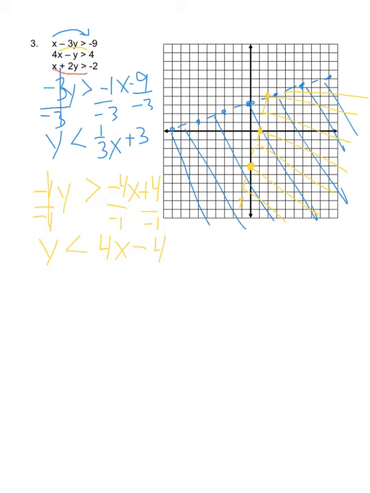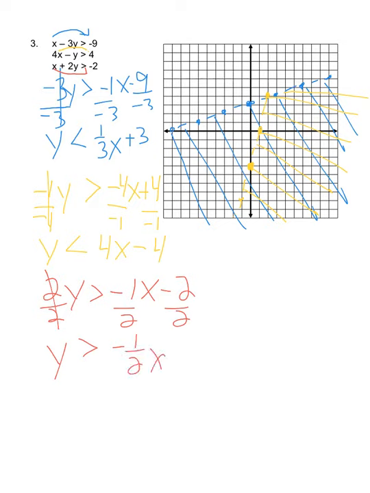Take my x across, and I have 2y is greater than negative 1x minus 2. Solving for y, divide by 2. Y is greater than negative 1 half x. Negative 2 divided by 2 is negative 1.